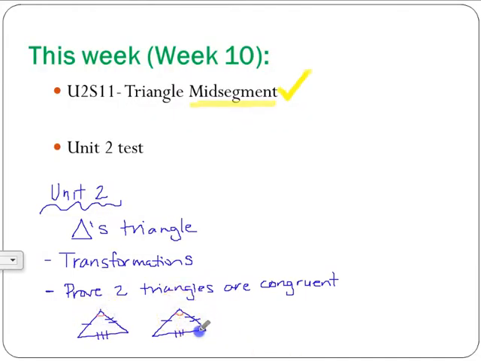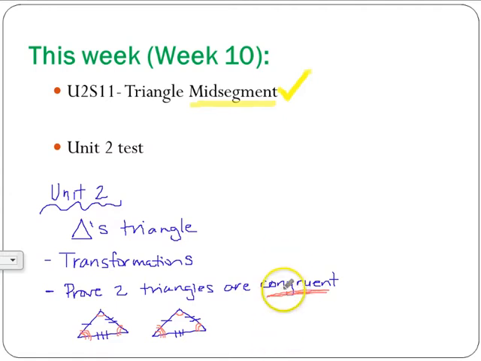So there are 6 different things, 3 sets of sides and 3 sets of angles, that have to be true to prove that triangles are congruent.